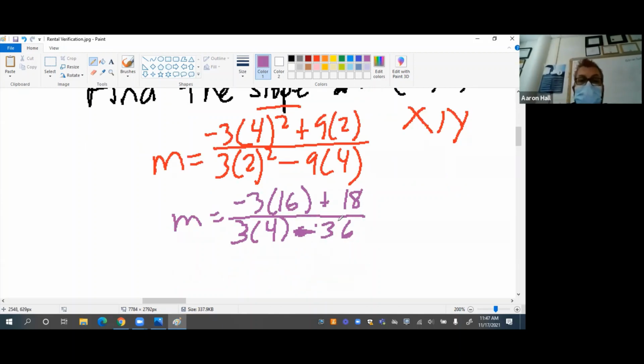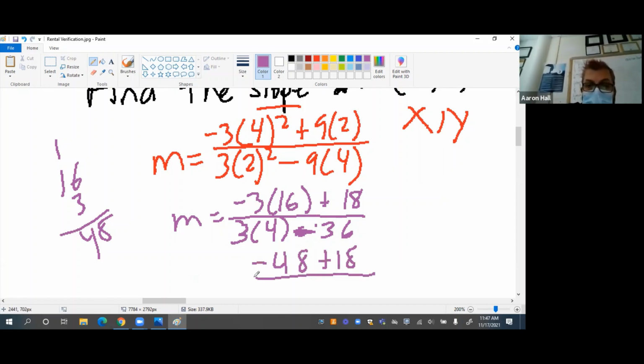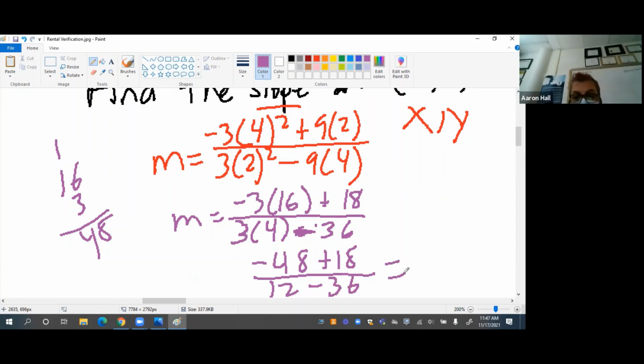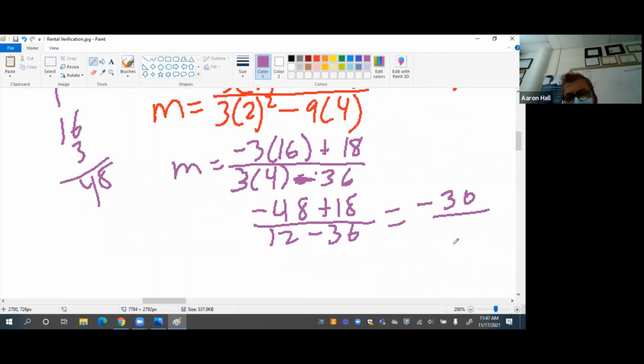Now what? So negative 48 plus 18 over 12 minus 36. And then? So I get negative 30 over 12 minus 36, which is negative 24.